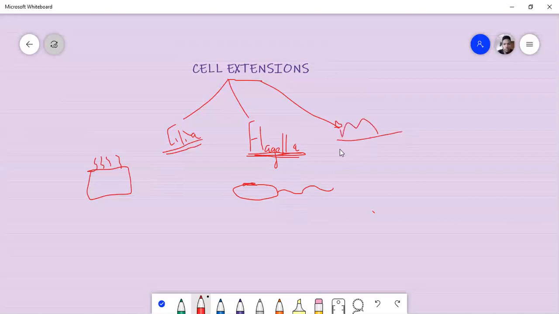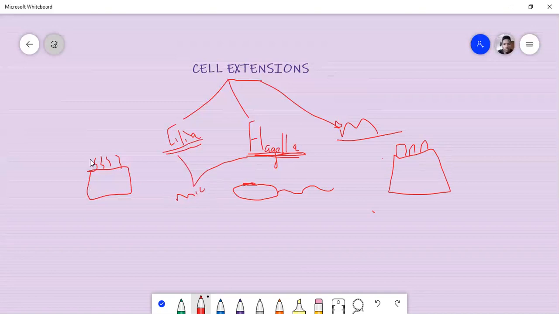And then going to the microvilli, people tend to confuse microvilli with cilia. Microvilli are finger-like projections. So what does your microvilli do? It increases surface area firstly, and it does not involve microtubules. What do I mean by that? Your cilia and flagella are made by microtubules.